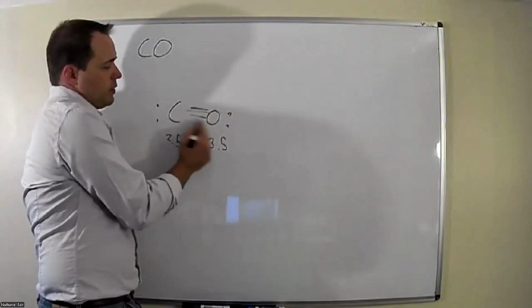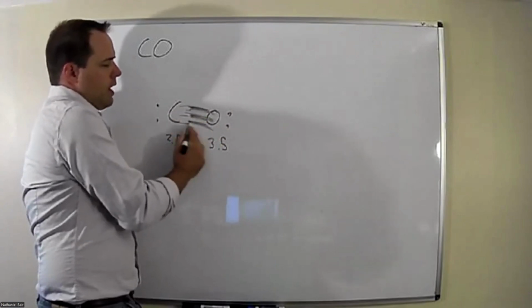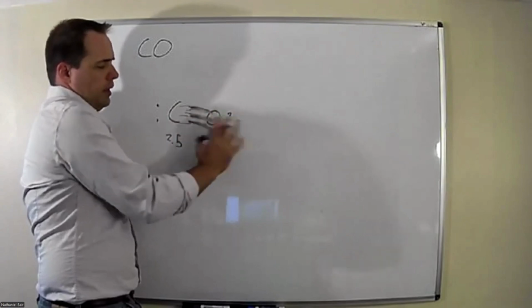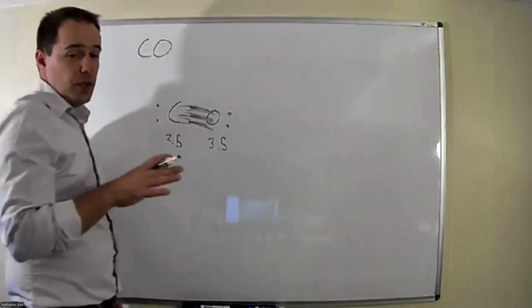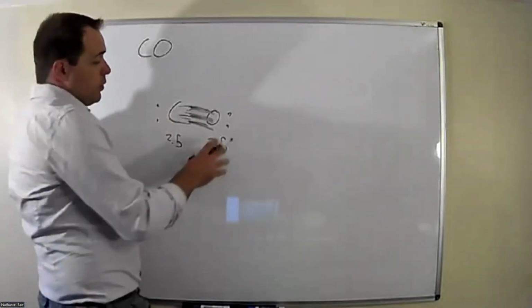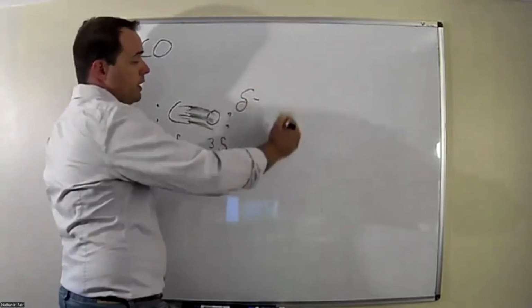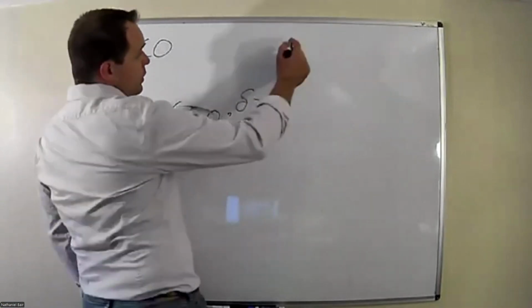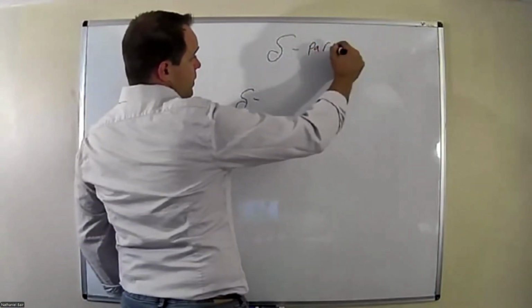The electrons spend all their time over here, and only visit carbon once in a while. Because electrons are negative, that's going to cause the oxygen side of this molecule to develop a partial negative charge.